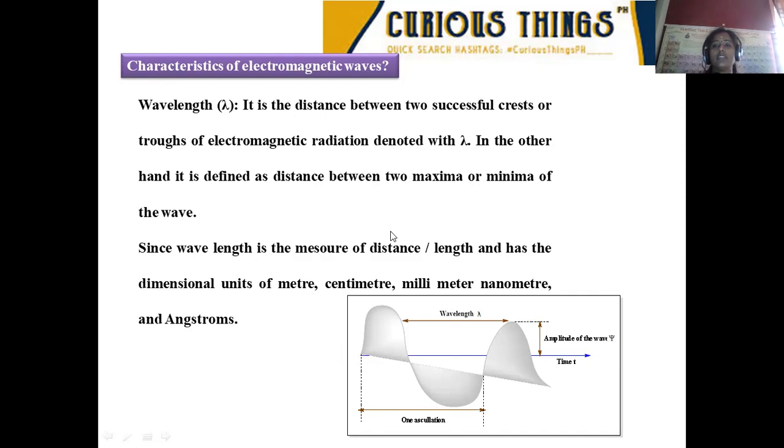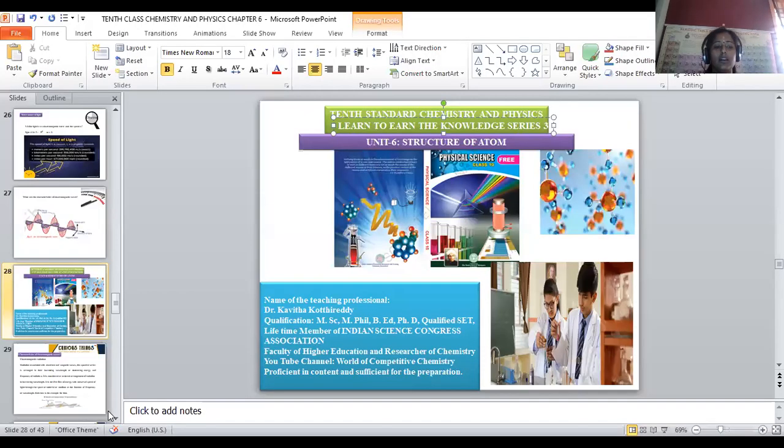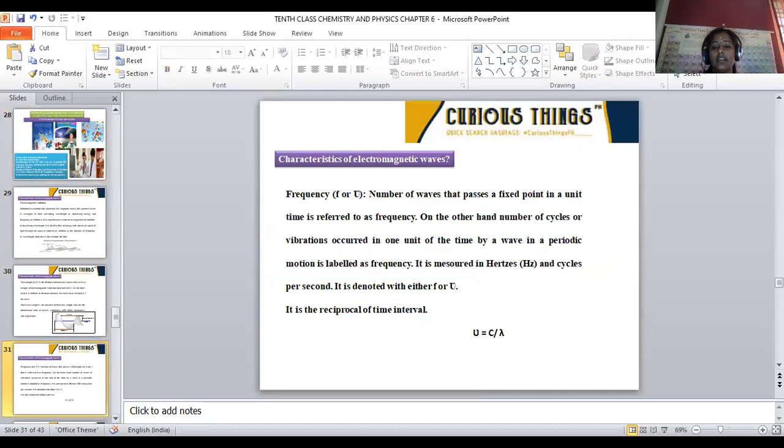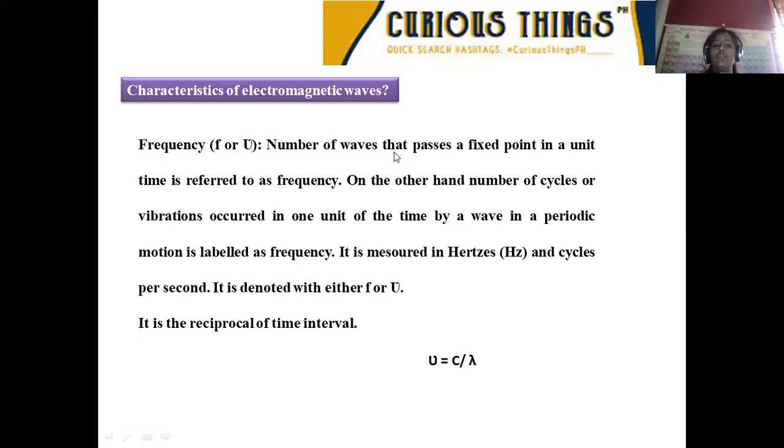So the next term is frequency. Let us discuss the frequency of light, how it is defined, and what the important terms related to frequency are. Frequency is nothing but the number of waves passing through a particular point in unit time. Let us assume here is the point, and how many waves are traveling through that point in a certain instance. When you take one second, how many light waves are traveling through that point is called the frequency.